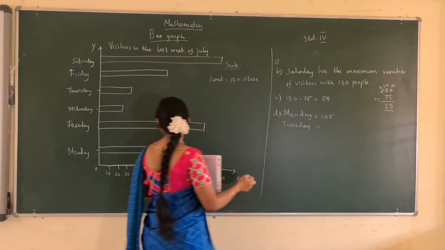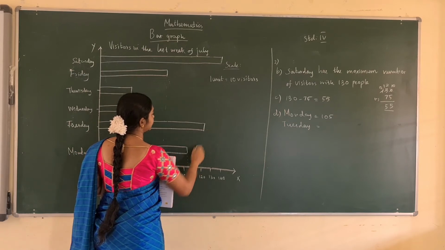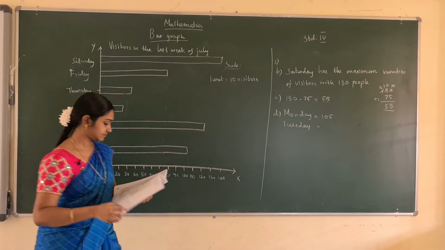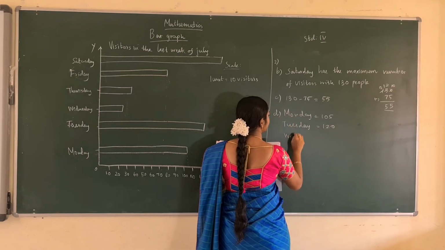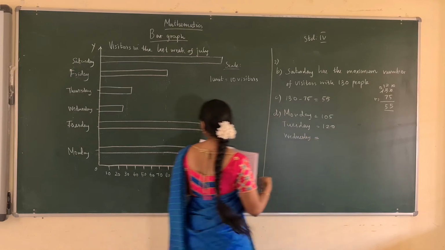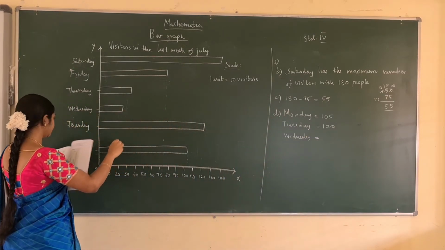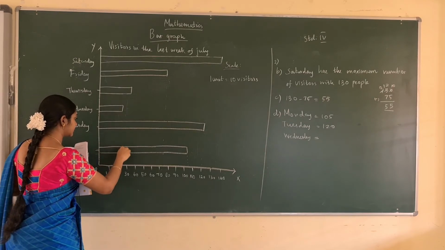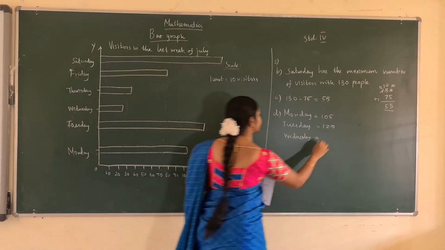For Tuesday it is 120. For Wednesday it is in between 20 and 30, so it will be 25.